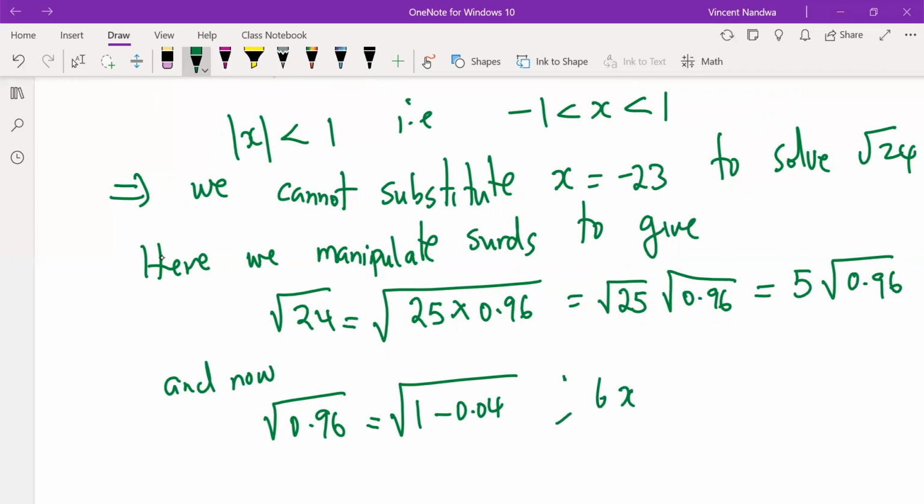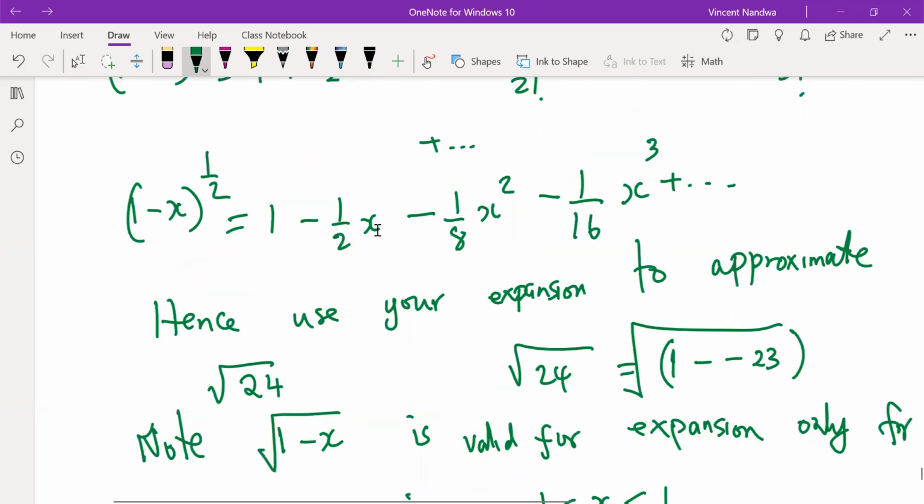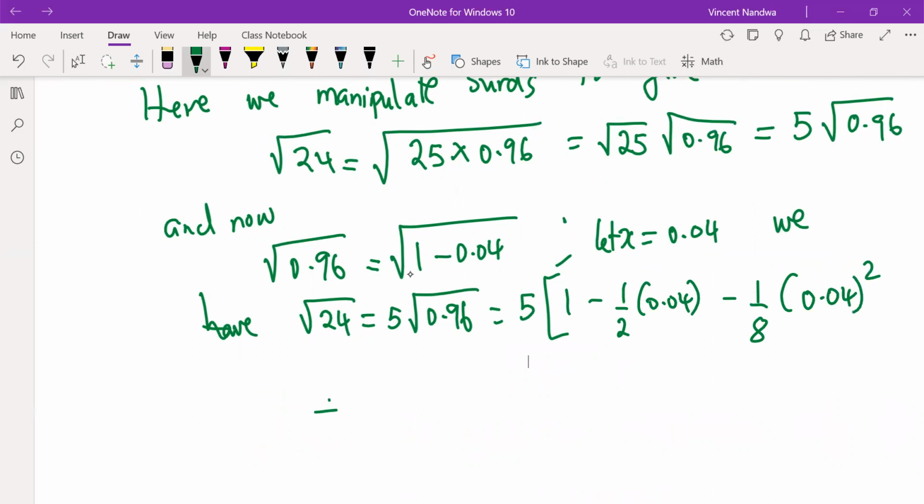So when we let x to be 0.04, we have square root of 24, which is the same as 5 root 0.96, will be 5 into, we are replacing here by 0.04, so 1 minus a half times 0.04, minus 1 over 8, 0.04 squared, minus 1 over 16, 0.04 power 3.